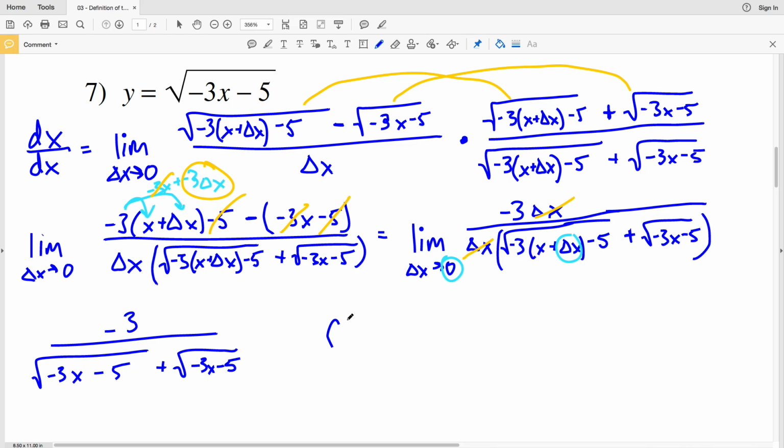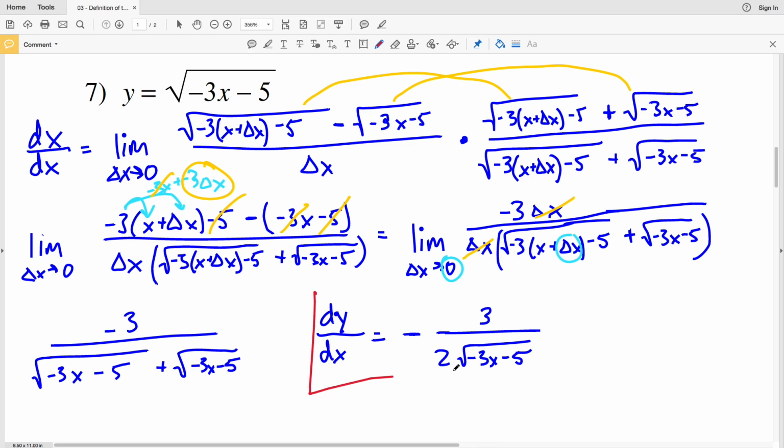So my derivative of y with respect to x is going to equal negative 3 over 2 times the square root of negative 3x minus 5. So dy dx equals negative 3 all over 2 times the square root of negative 3x minus 5.